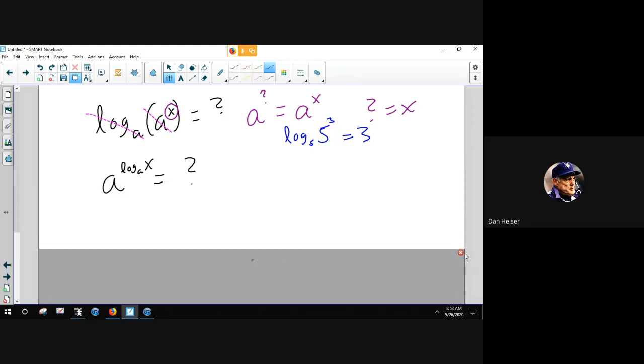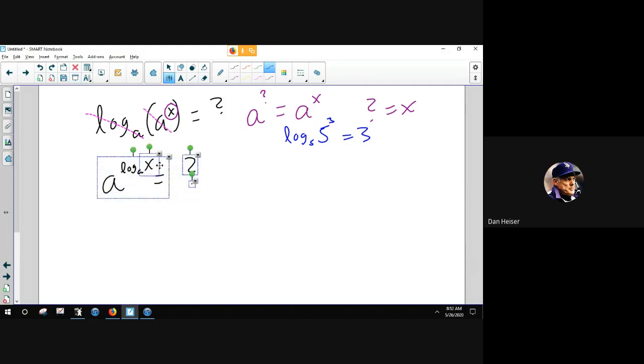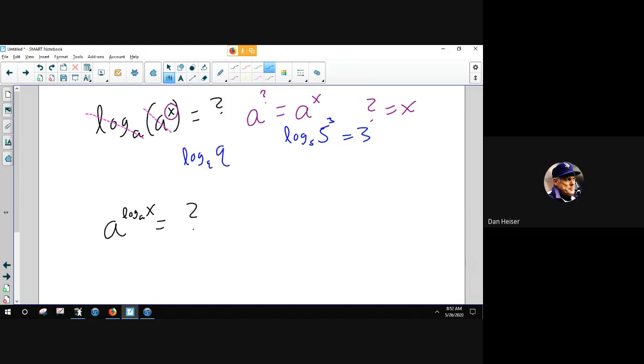Here's the reverse. Let me slide this down a little bit. I want to squeeze in one more. Log base, I don't know, q of q to the car equals what?